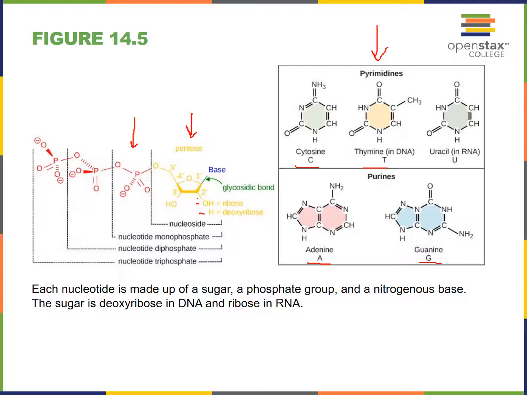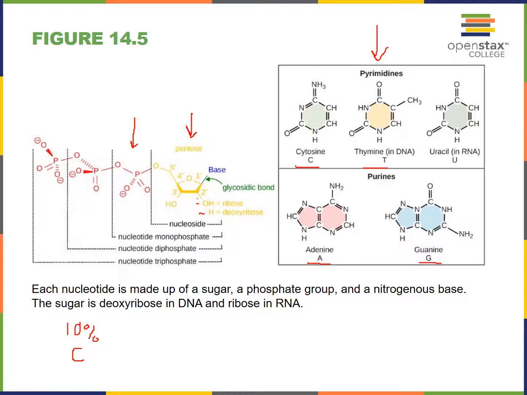So let's say in a certain species, let's just say cytosine, if you analyze the content of the genome, of the DNA, and you find that there's 10% cytosine, you can guesstimate what the rest is going to be.